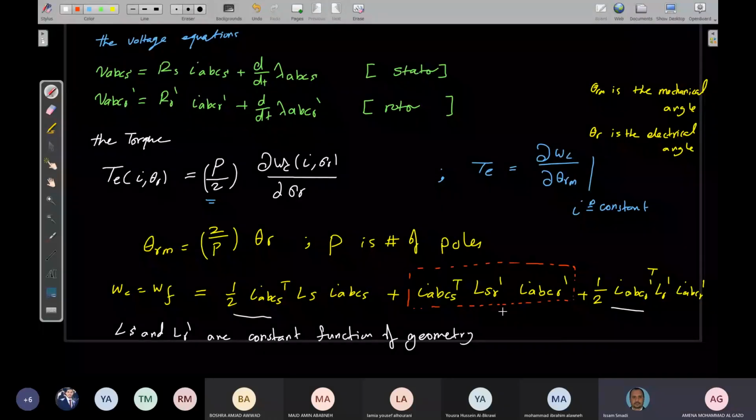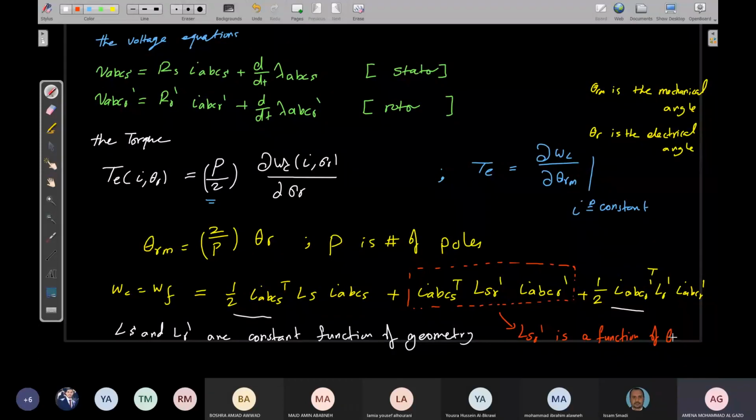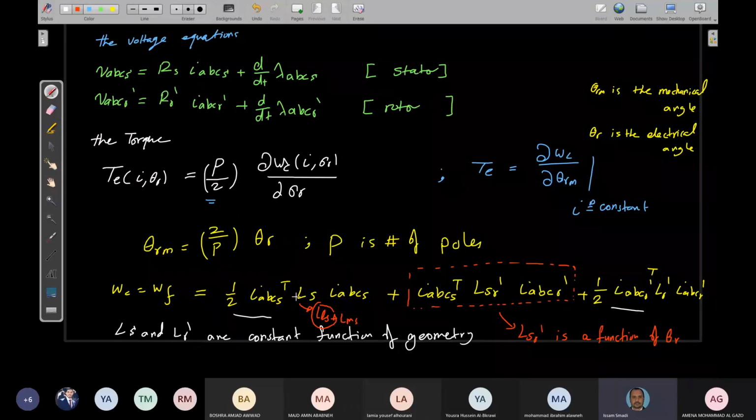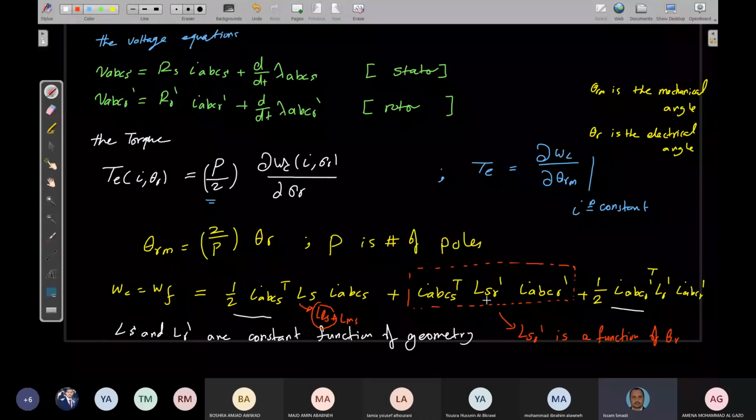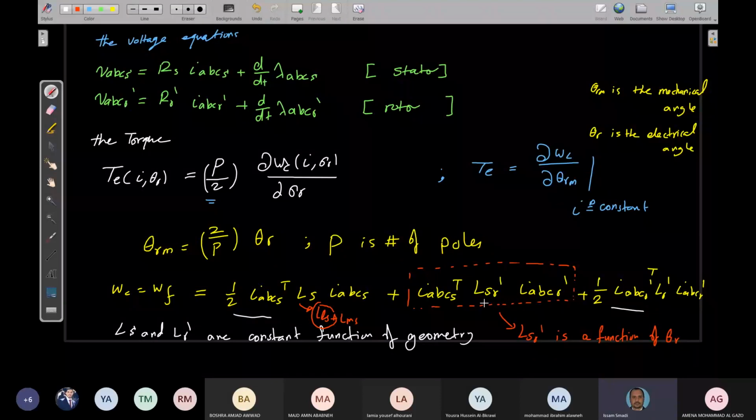Sorry to ask a question. Please. In the first term, L_S, I mean that it includes both the leakage and magnetizing inductances within the field energy. Now, even if I include L_LS plus L_MS, I'm including all, although the leakage has no relation with the field energy, this one I'm not taking. This one is the mutual inductance, and by the name, the mutual inductance is how much flux generated by a coil links the other coil.